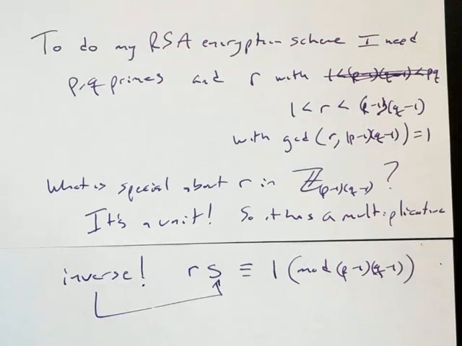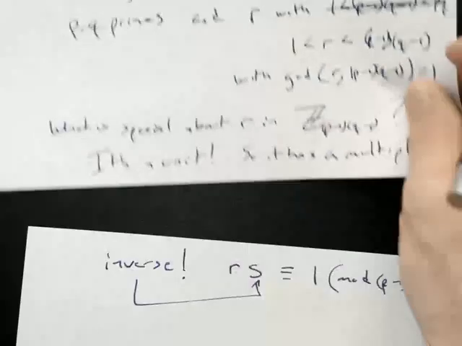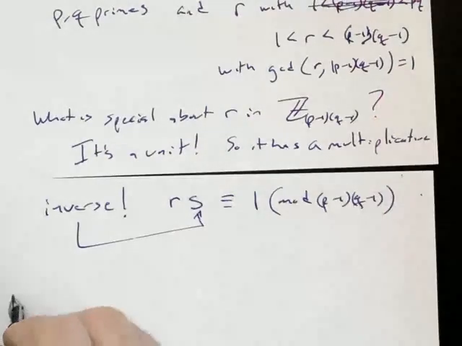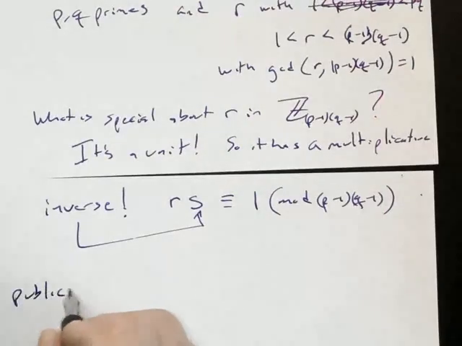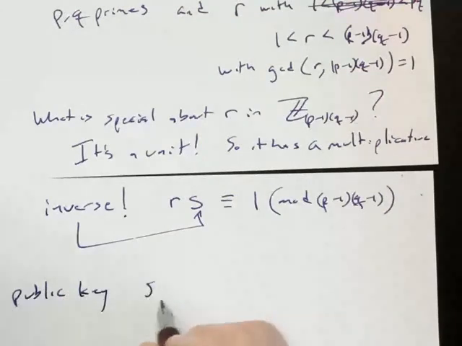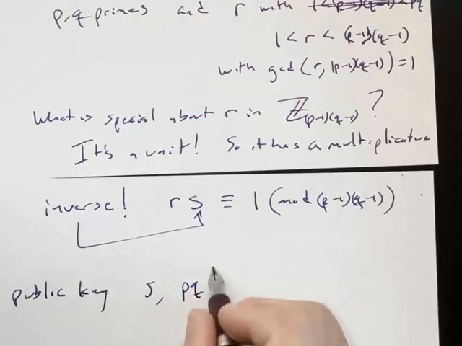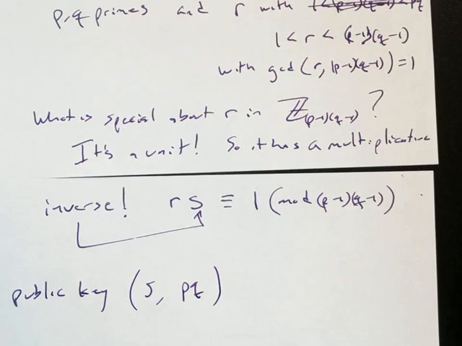So the way the encryption works is you tell people two numbers. You tell people s, and you tell them the big encryption number pq.